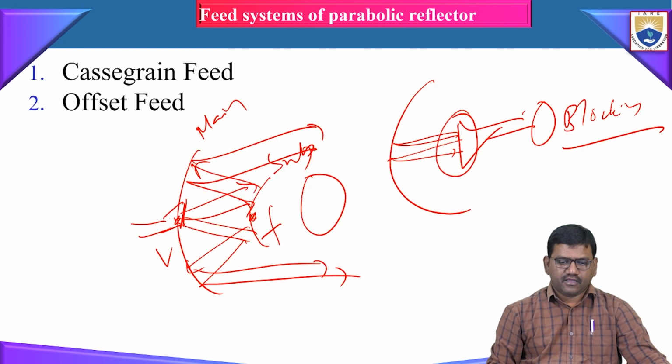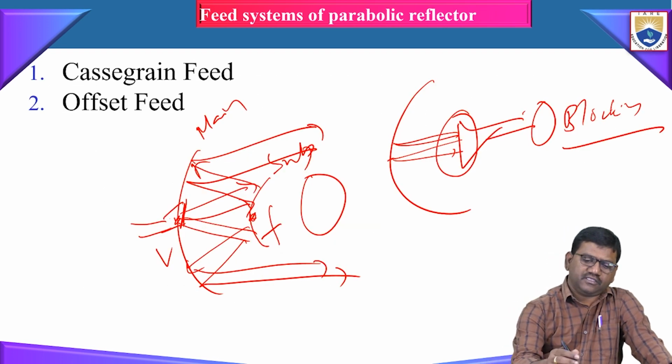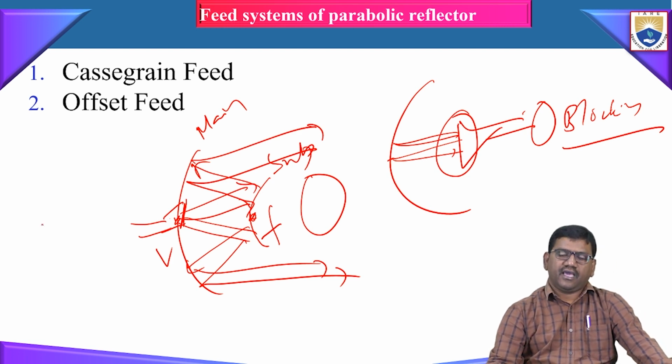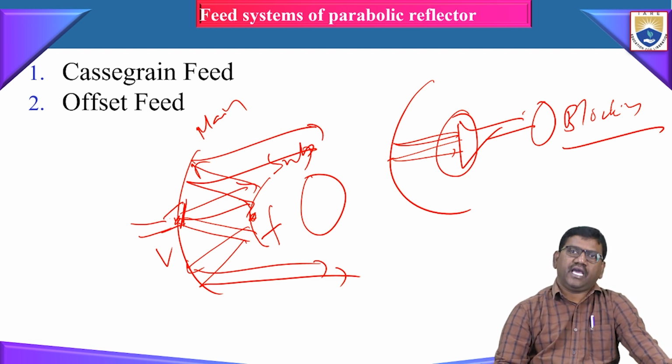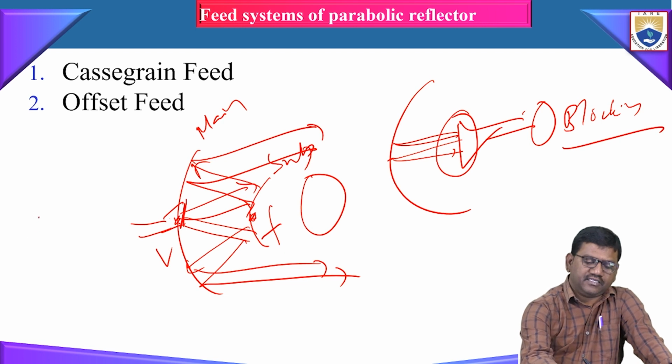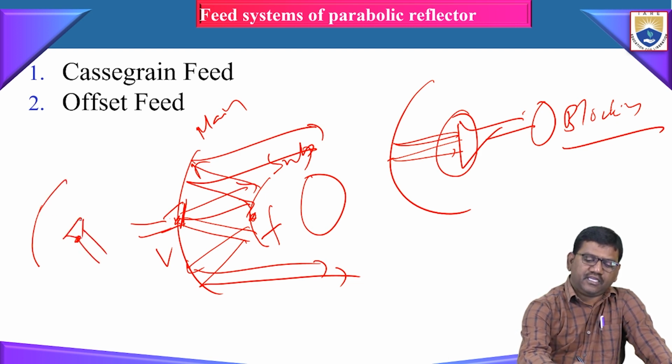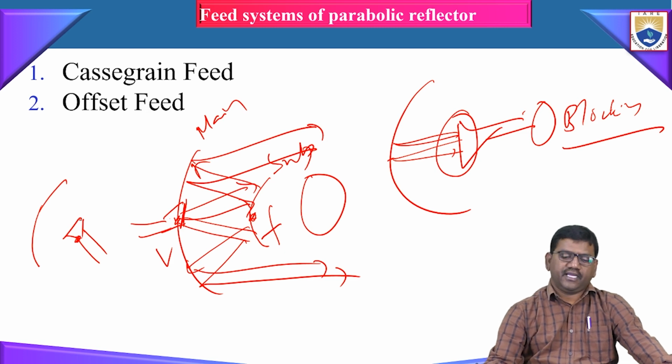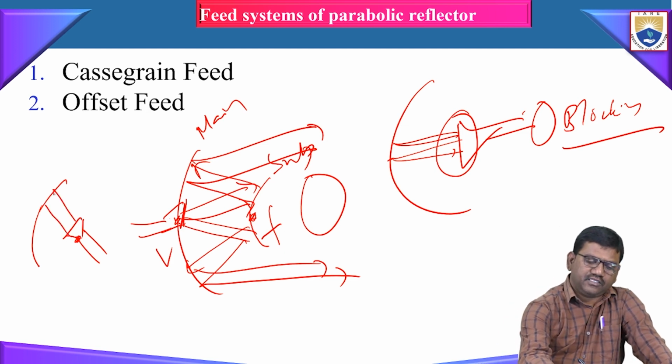In the offset feed system also, blocking can be overcome by changing the angle of the active element. Suppose we are designing the antenna here, and this is the focal point. If we change the direction, the angle of the primary antenna, all the radiations fall on the reflector and are directed here.